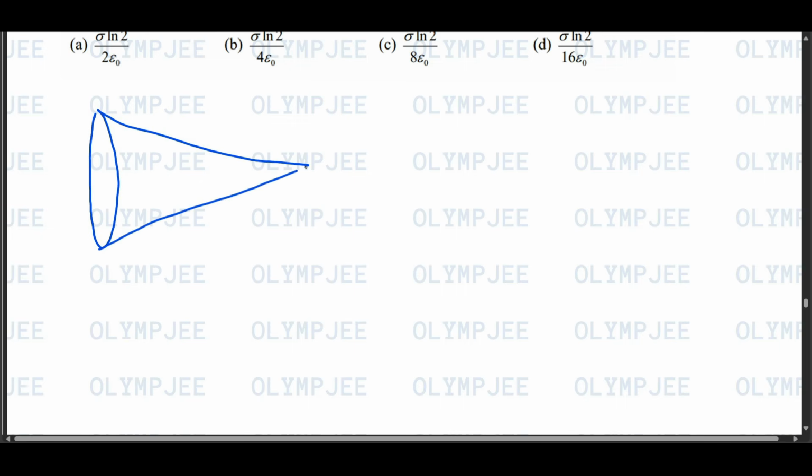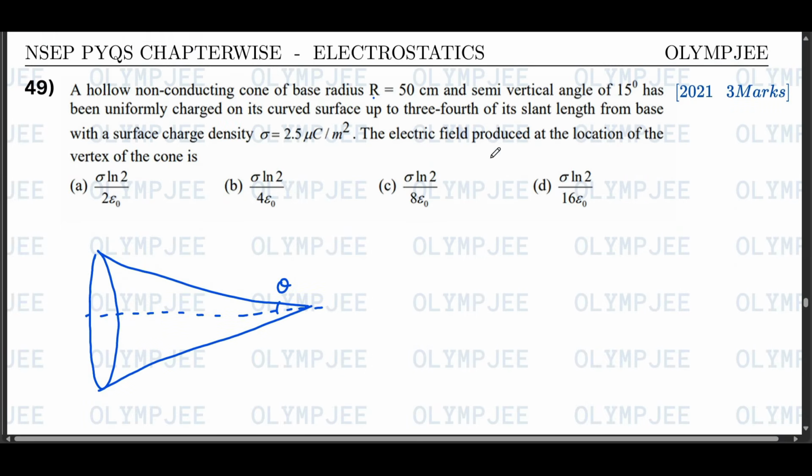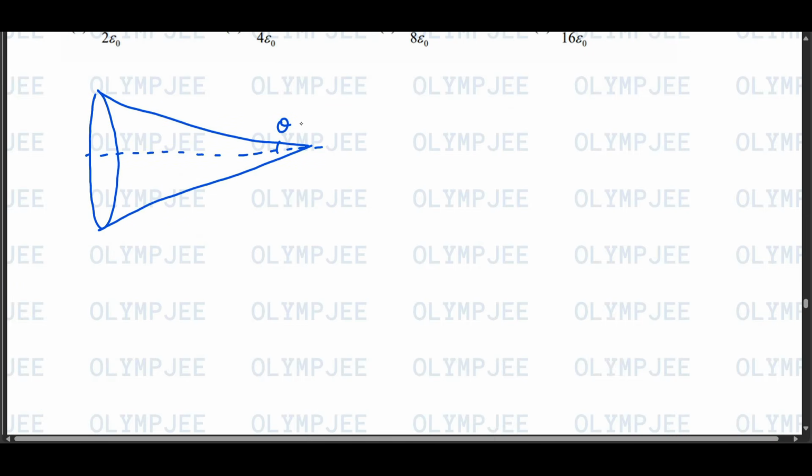So the cone I have assumed to be horizontal, and this is the vertex, and theta is given as semi-vertical angle, which is 15 degrees.